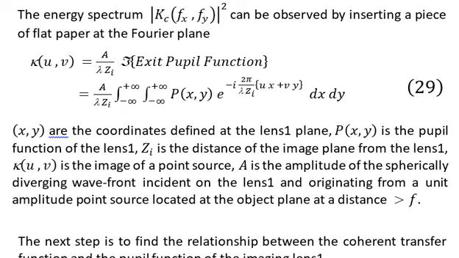If you form a real image through a single lens, then the object should exist at a distance greater than f, and the lens L1 will form an image of that point source at a distance zi behind the lens.